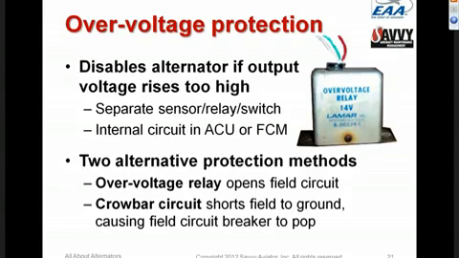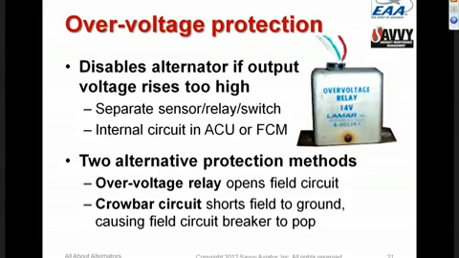There are two basic systems for providing overvoltage protection. One is called an overvoltage relay, whose function is to basically open the field circuit if it senses excessive voltage, and essentially eliminate the magnetic field from the rotor and shut the alternator down that way. A second approach that is used in certain charging systems is called a crowbar circuit.